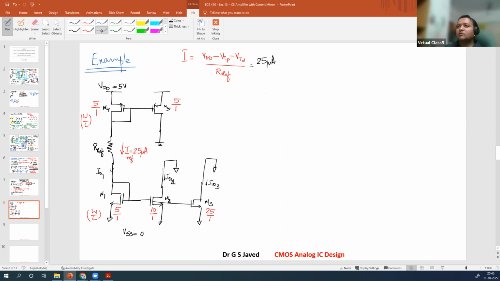The other values will be mu n Cox. I need to know what is the mobility of this device. So mu n Cox, let us use a simple value for calculation, 20 microampere per volt square. Then there is mu p Cox, also simple for calculation, 50 microampere per volt square.